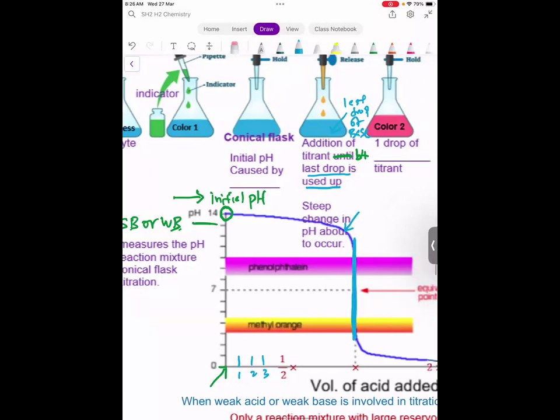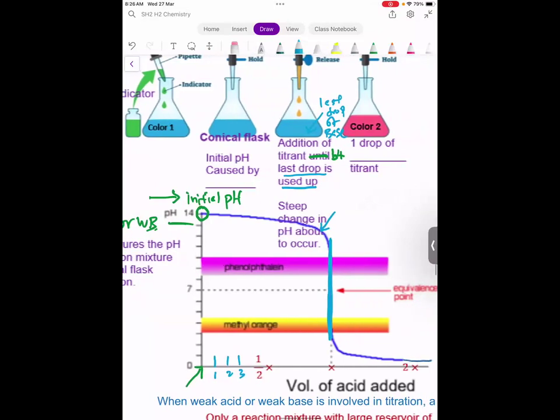Then the next part will be one drop of unreacted titrant, which will cause the pH to drop very low. I'm trying to explain why there is a drastic drop. Before one drop is used up, still alkaline. After that one drop is removed, with one extra drop of titrant, it becomes acidic. So that's why there's a steep change here.